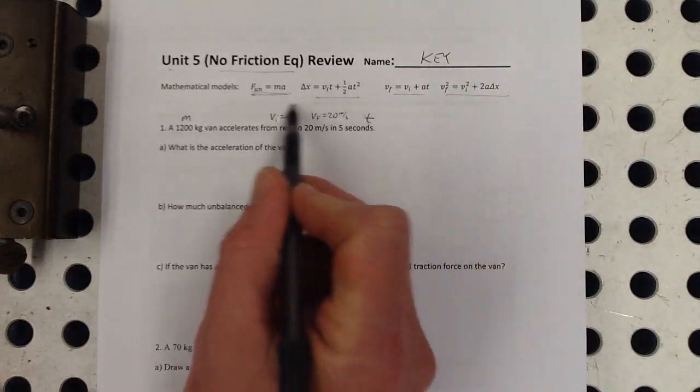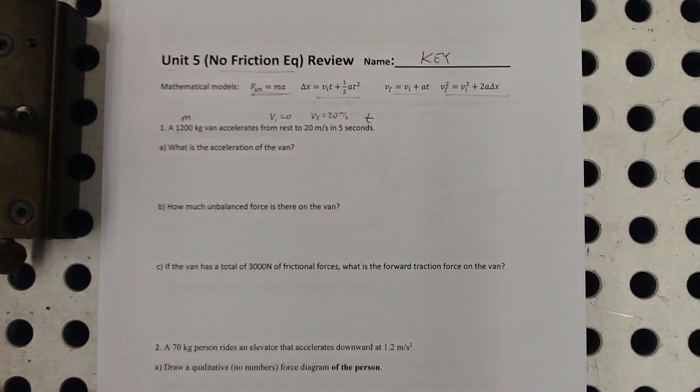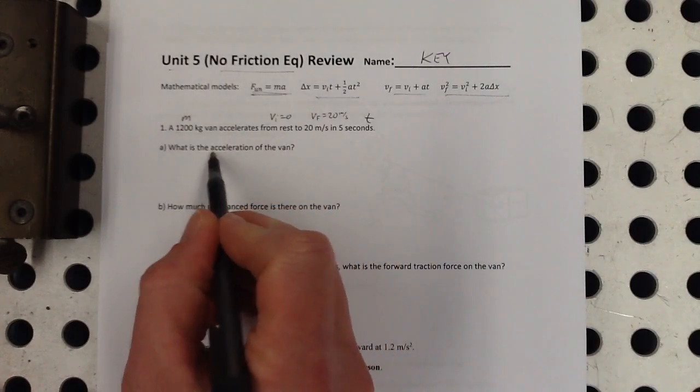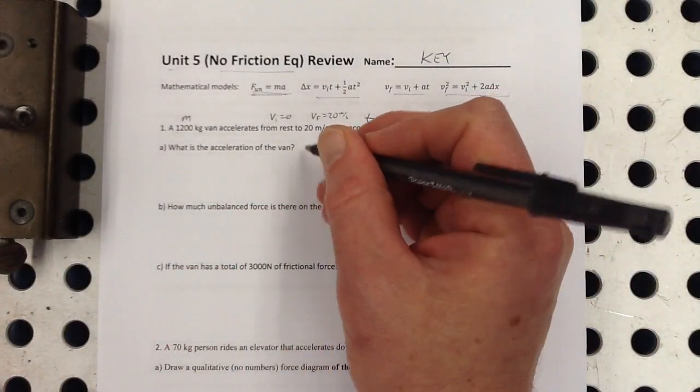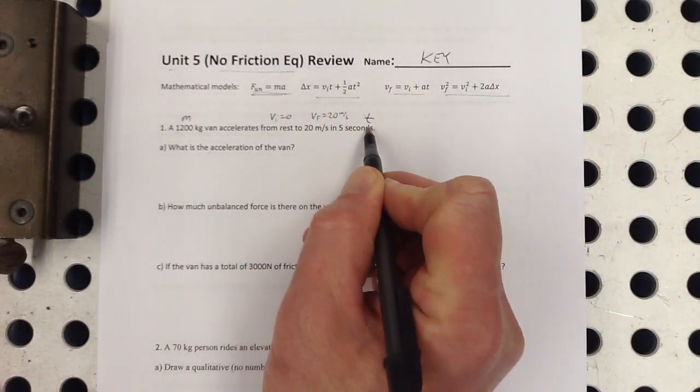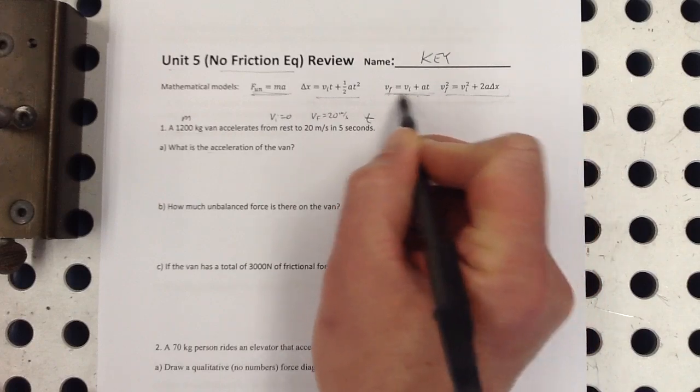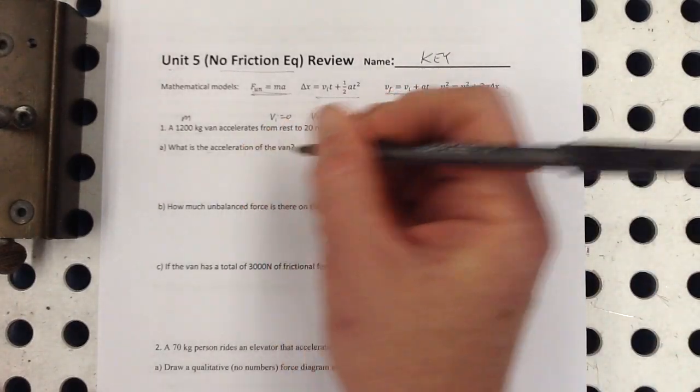So right away, it looks like that's kinematics material. What's the acceleration of the van? Well, I know the initial velocity, the final velocity, and the time, and I want the acceleration. It's going to be this equation right here.